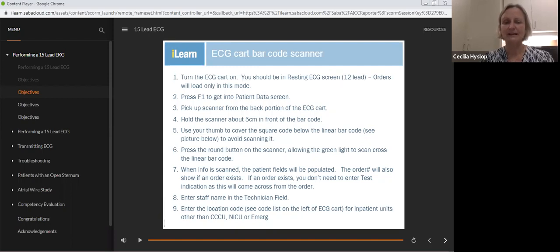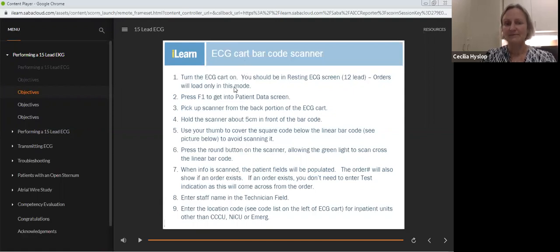If, however, they choose the square QR code, what happens is the letters AC and a few numbers after it get uploaded, and then we actually don't have the patient's information. So it's hard, when the ECG transmits wirelessly to the Muse database, for the ECG technologist to know even whose chart this is supposed to be reconciled to. So we always have to make sure that the patient's data is input into the system properly.